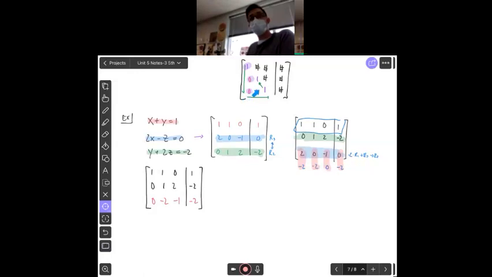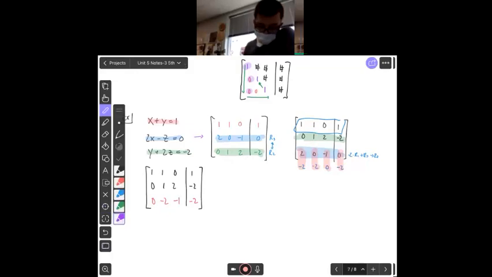Now we should be moving to the right. I'm looking at that 0 here. We're trying to get a 0 here. Okay, so you're going to want to take row 2, multiply by 2, and add to row 3.